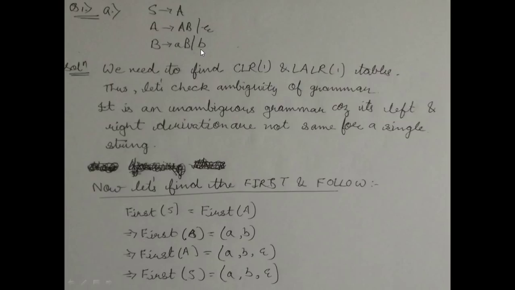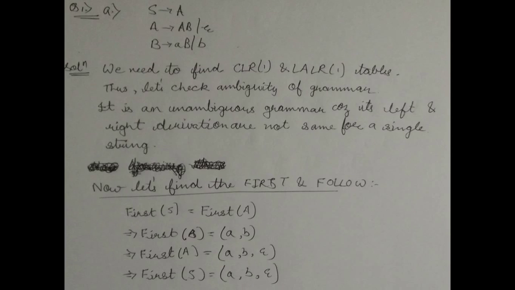Now, what we do here is we check whether the grammar is unambiguous or not. As we see that there is no same left and right derivation from the same grammar, our grammar is unambiguous. Okay, so proceeding further, we calculate the first and follow for our given grammar.